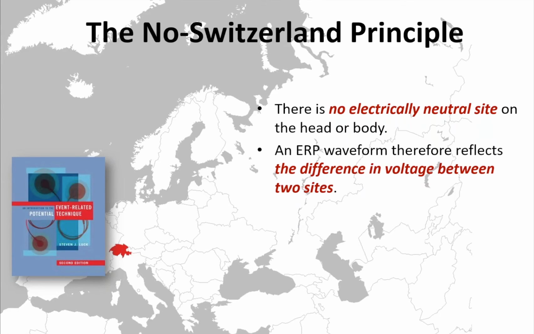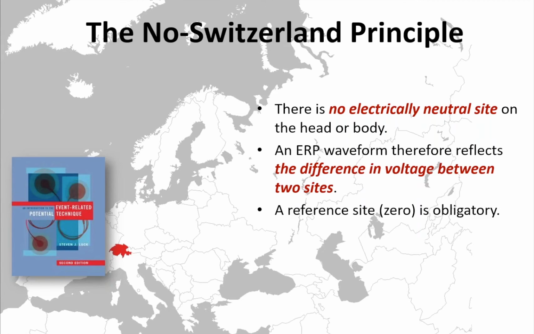It is based on the fact that there is no electrically neutral site on the head or body. This is biophysics. So therefore, any electrical measure of voltage, which is measuring potential between 2 points, is the difference in voltage between two sites. And that's an inescapable truth about measuring voltage potential. So therefore, you always need a reference site in order to do your recordings.